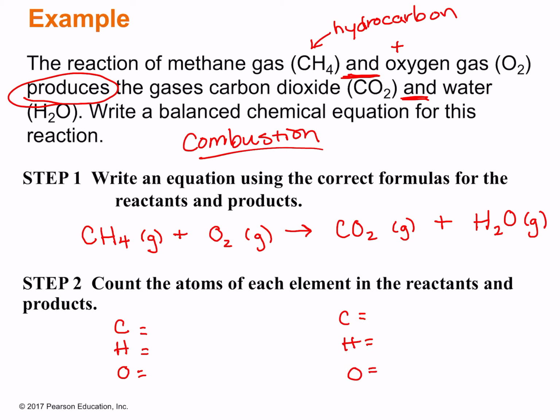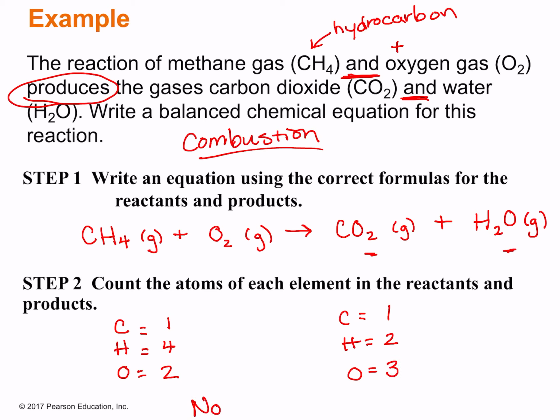I always write them in the same order just so that I can keep them all straight. You can write them in whatever order you like, just make sure you don't mess it up. So we have 1 carbon here, 4 hydrogens, and 2 oxygens, and then 1 carbon and 2 hydrogens. And we have 2 oxygens in carbon dioxide and 1 in water, so we have 3 total.